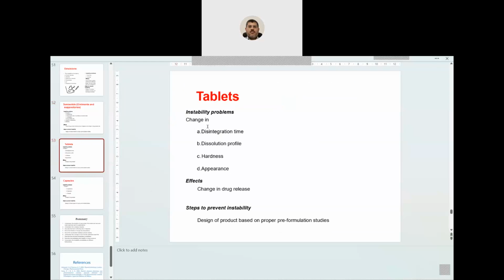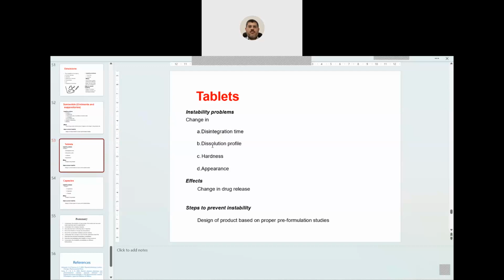Okay. In tablets, there will be change in disintegration time, dissolution profile, hardness, and appearance. Suppose that usually within 30 minutes, the tablet should disintegrate completely. It may become harder. It may not disintegrate on time when you put it in liquid, or when it comes to the stomach.